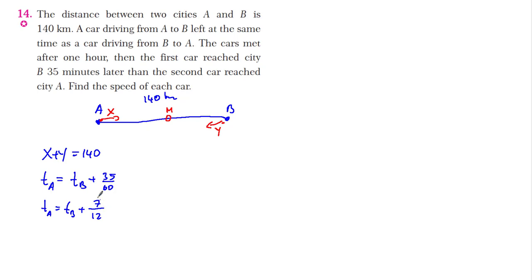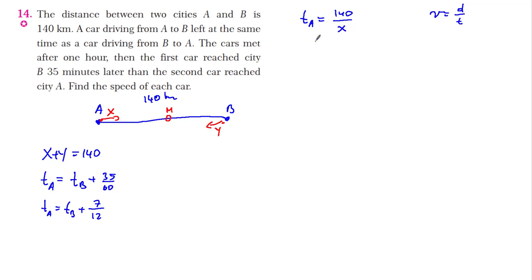All right, so knowing these relations, we can figure out the time it takes car A to reach the end. I can write here the time it took the first car A. From the formula, V is distance over time, that means time is distance 140 over the speed.